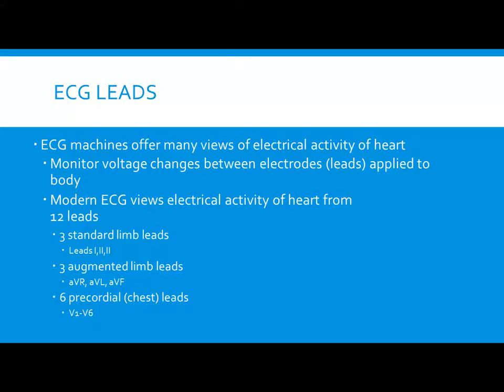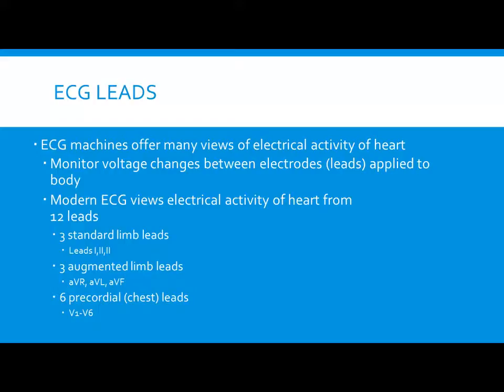You'll see this more clearly in just a moment. Augmented leads are called augmented because they emit very, very low voltage. And so when it goes through the monitor, it has to actually augment that to where it's a readable voltage. Okay?